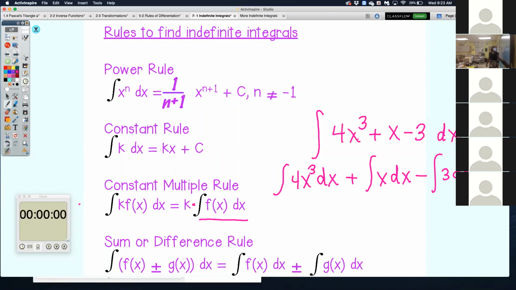For that first piece, this is the constant multiple rule. So you could pull out the constant and then just find the antiderivative of x to the 3rd, which we know is going to be 1/4 x to the 4th. And then we just have to multiply it by the constant that we pulled out. So then that becomes what?